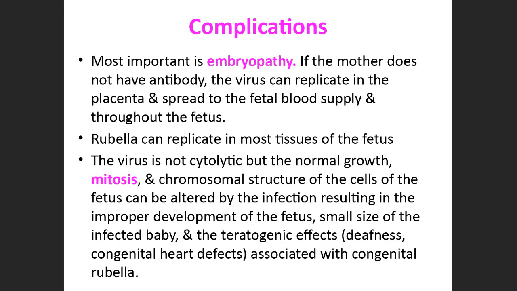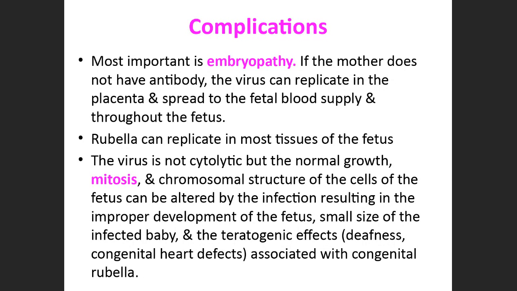Now, this virus has certain complications like embryopathy. If the mother does not have antibodies, then the virus can replicate in the placenta and spread to the fetal blood supply and throughout the fetus. Definitely, if it enters the fetal blood supply, it will spread throughout the fetus and cause hazardous damage.